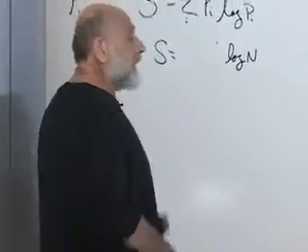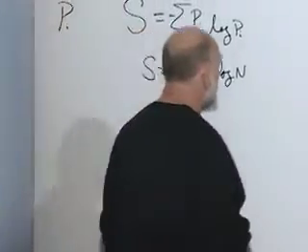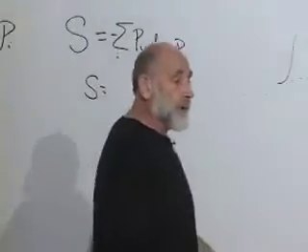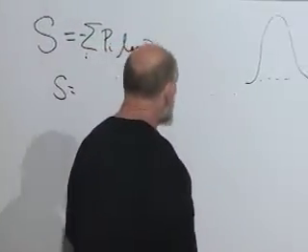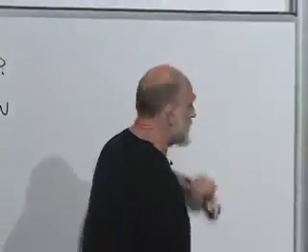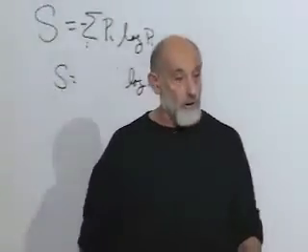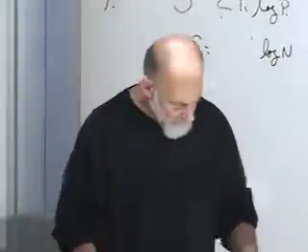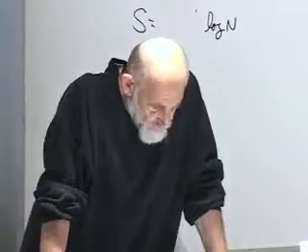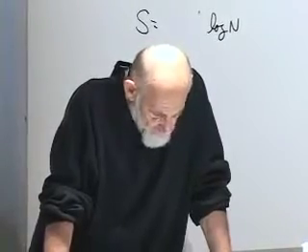So it's a measure of the degree of ignorance. The more states that the probability distribution is spread out over, the less you know about the system. The more you know about the system, the fewer the states, and the smaller the entropy. So it's a measure of ignorance.